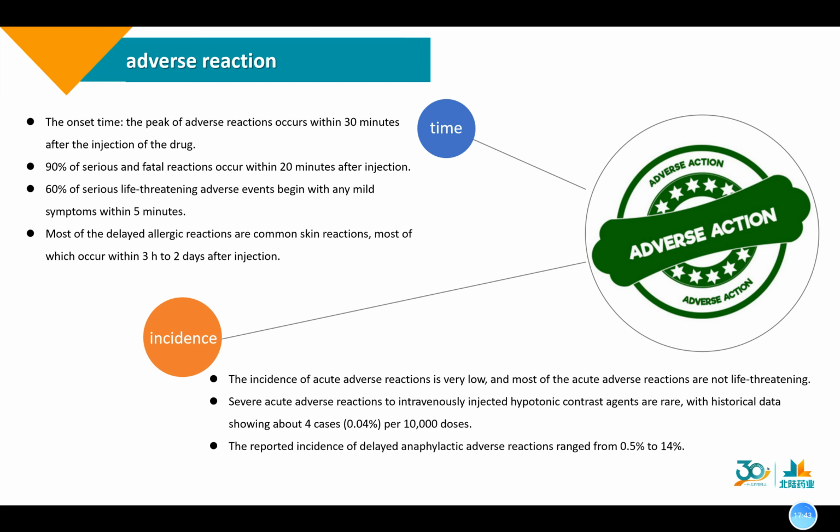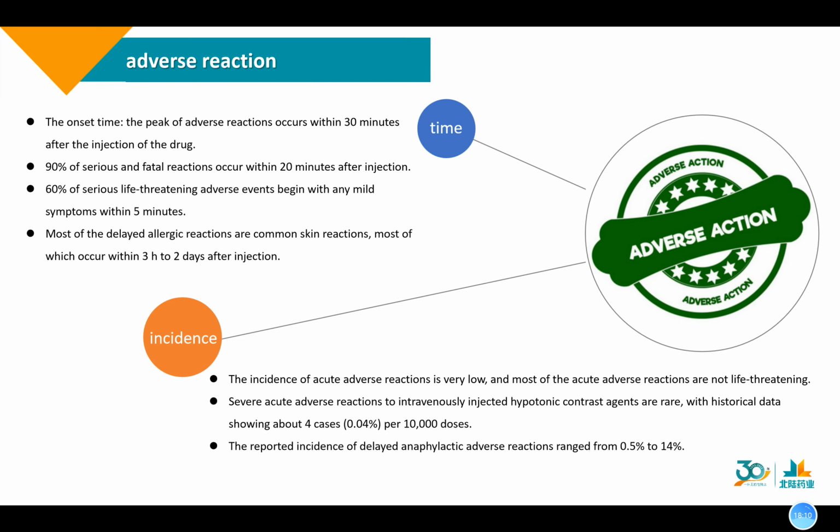Fortunately, the incidence of acute adverse reactions is very low, and most of the acute adverse reactions are not life-threatening. Severe acute adverse reactions to intravenously injected hypertonic contrast agents are rare, with historical data showing about 4 cases per 10,000 patients.